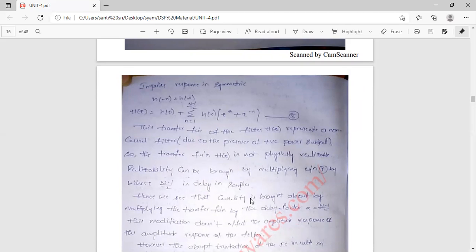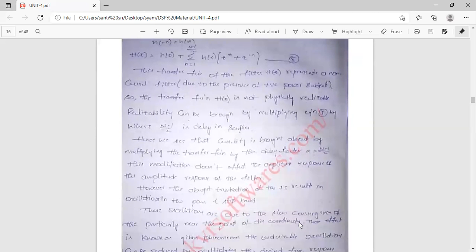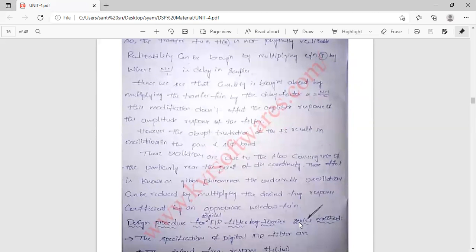So we see that causality is achieved by multiplying the transfer function by the delay factor, alpha equal to (N minus 1) by 2. This modification doesn't affect the amplitude response of the filter.